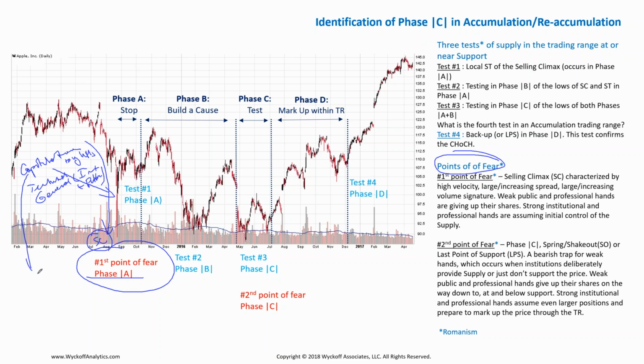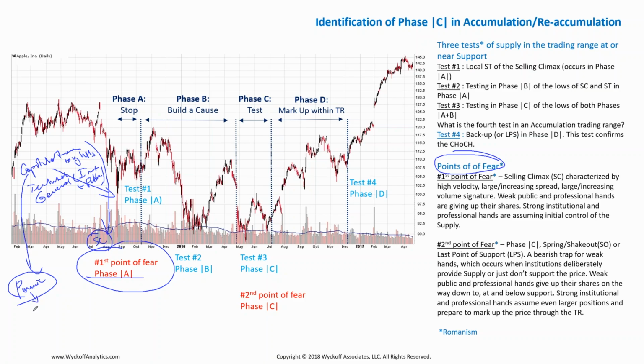And what is a capitulation? It's just basically panic. People at this point in time are experiencing a lot of emotional pain because of the losses, and they can't withstand this pain anymore. They're giving up on their positions, saying, get me out at any price, any time, just get me out. I cannot bear this anymore.